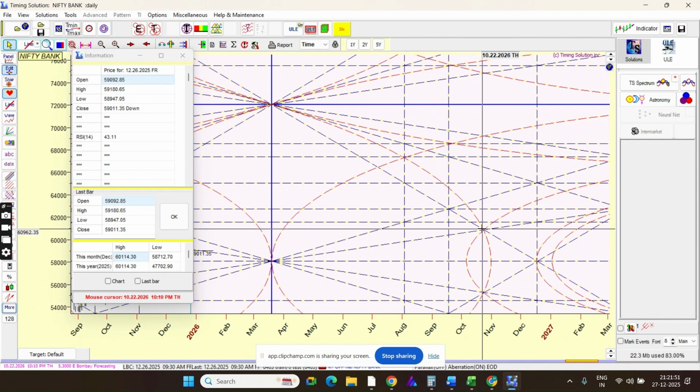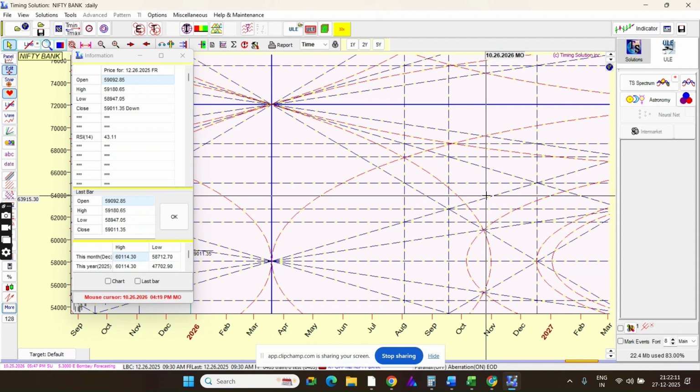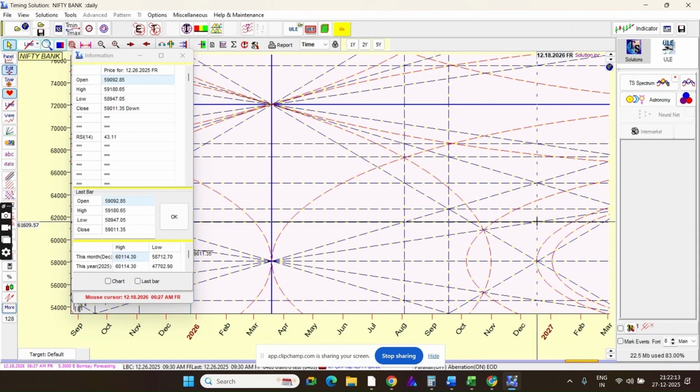Another angle cluster is coming at 24th October, where the level to be watched is 6,900 for the 1 by 2 angle. The next cluster is coming at 18th of December.